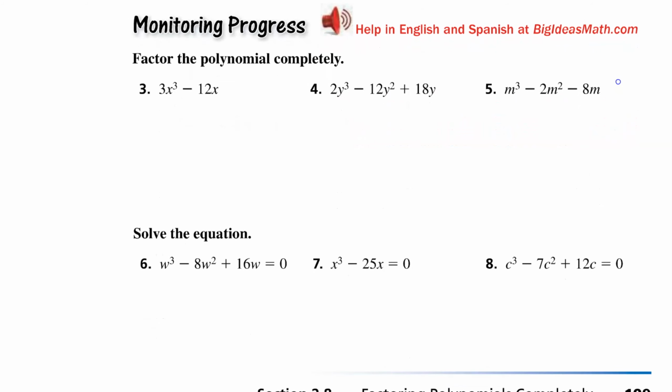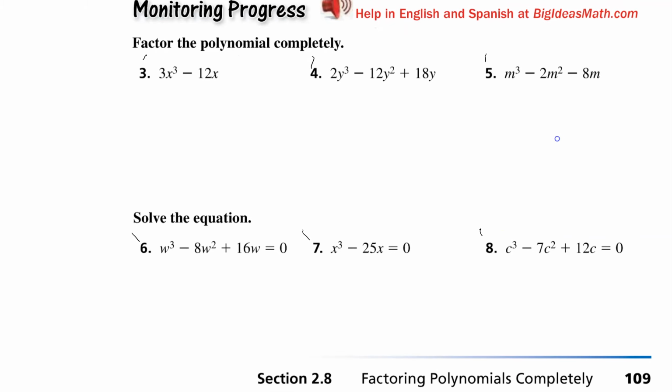So I want you to go through and try each of these on your own: 3x cubed minus 12x, number 3, number 4, number 5. Try each of these on your own. Stop the video, and then when you unpause the video, you can compare your answers with what I have.